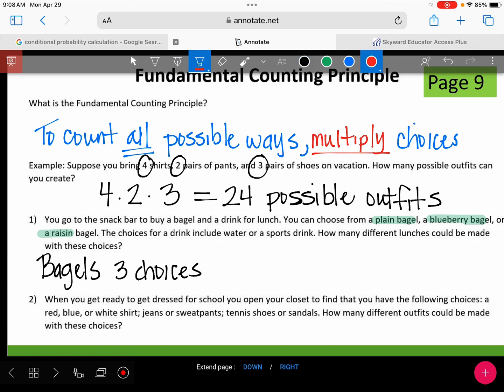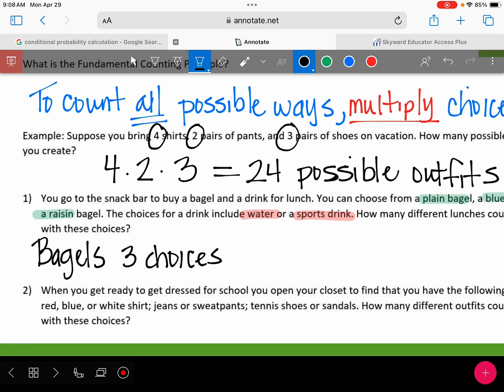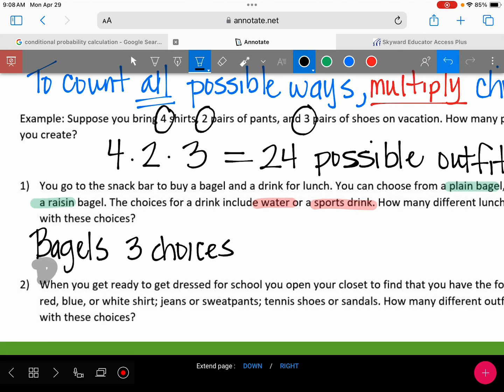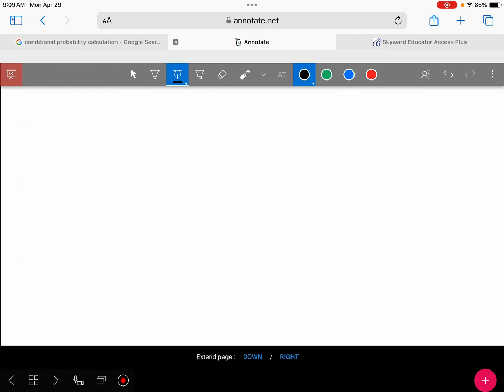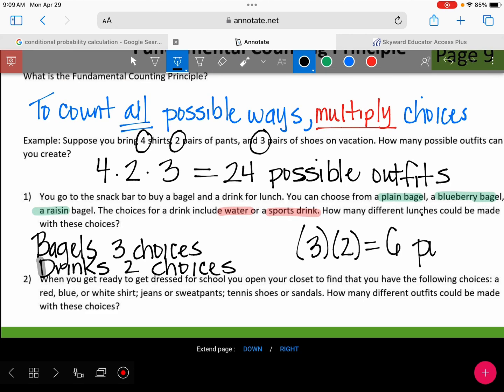For the drinks, you can either get water or a sports drink. So how many choices do we have? 2. So to figure out your possible different amount of choices, you simply multiply. So 3 times 2 means you have 6 possible lunches.